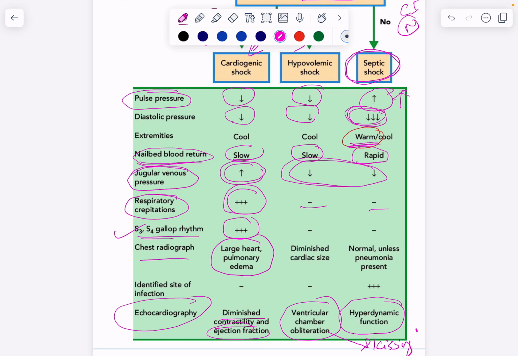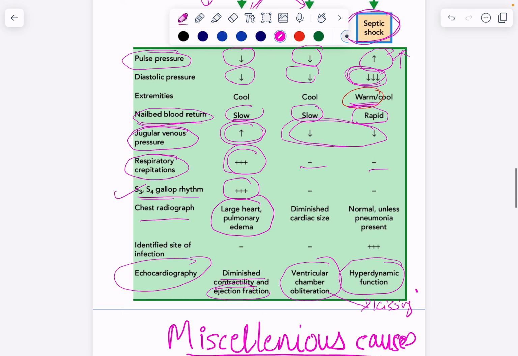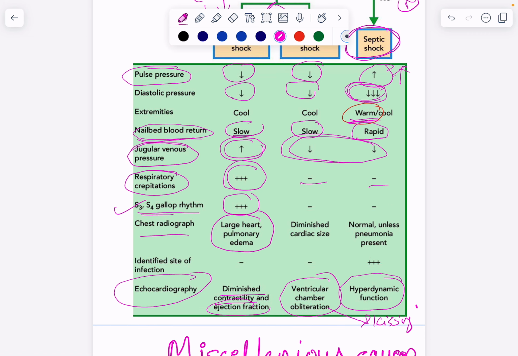In cardiogenic shock, typically there is jugular venous distension, crepitations because of heart failure, and an S3, S4 gallop. On chest radiograph there will be a bat's-wing appearance and pulmonary edema. On echocardiography you will have reduced ejection fraction, heart failure with reduced ejection fraction. In hypovolemic shock, we will see collapsing IVC and kissing ventricular walls.